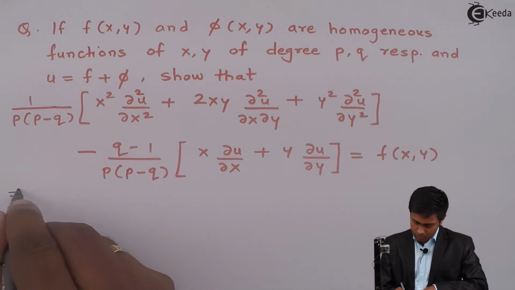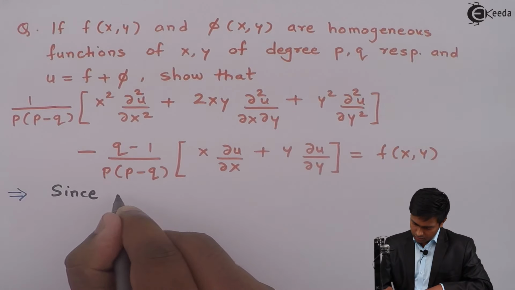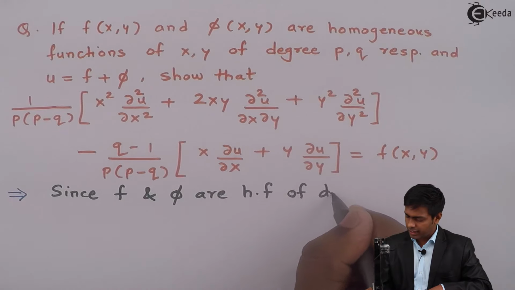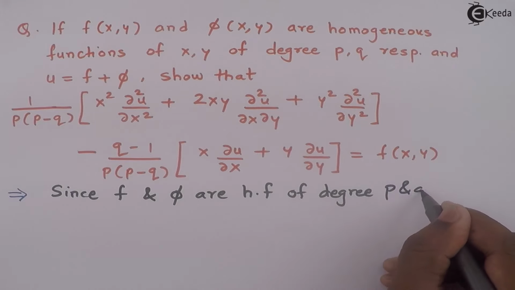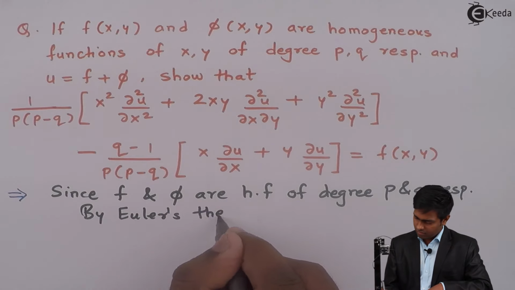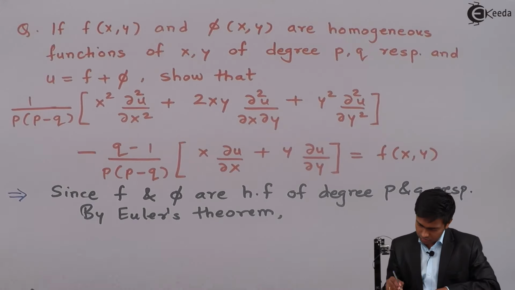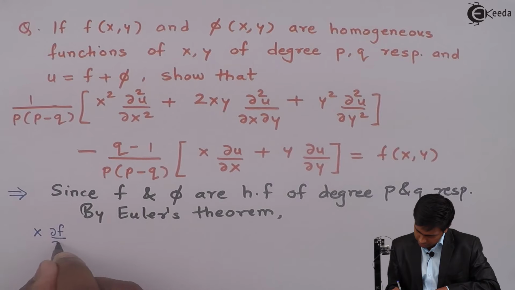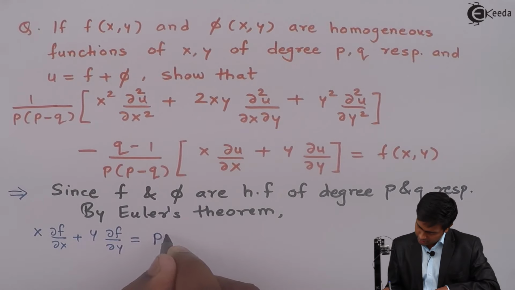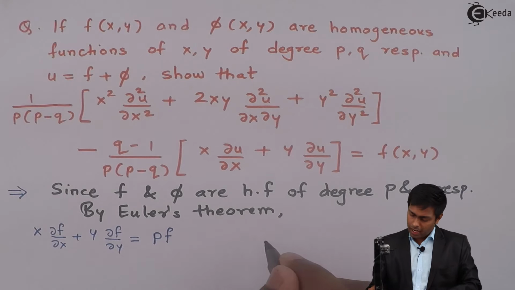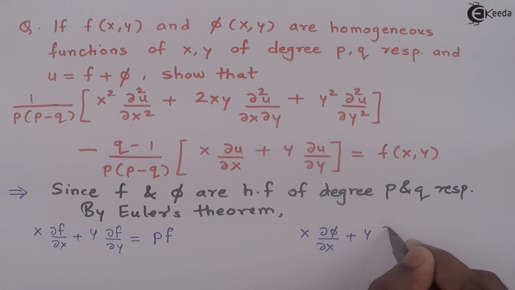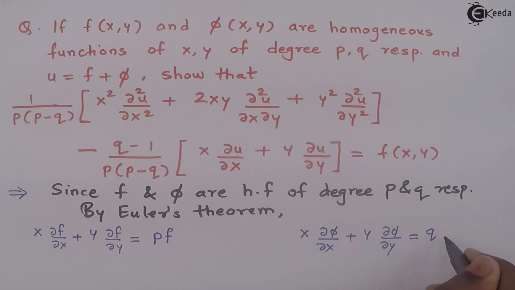So here I'll say, since f and phi are homogeneous functions of degree p and q respectively, by Euler's theorem we can say that x dou f by dou x plus y dou f by dou y is equal to pf, because the degree is p, and second is x dou phi by dou x plus y dou phi by dou y is equal to q phi.